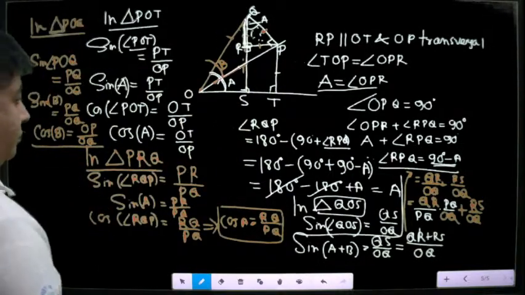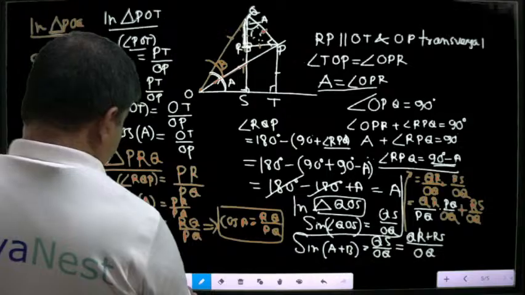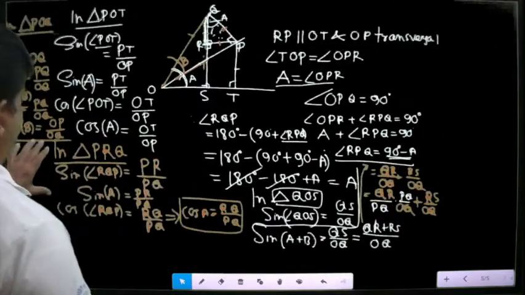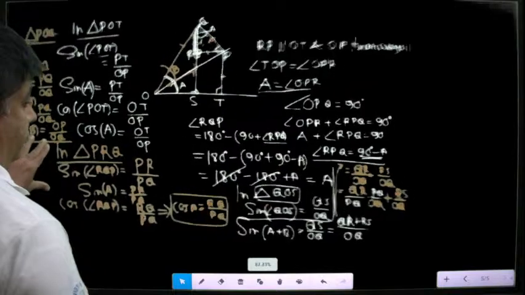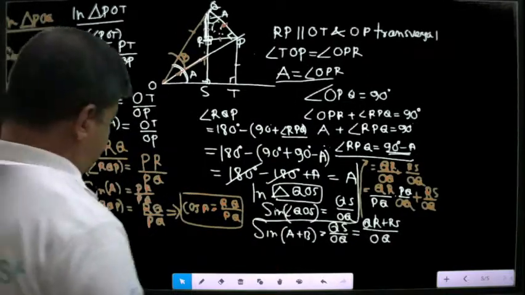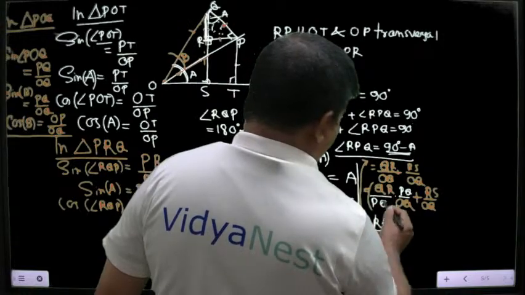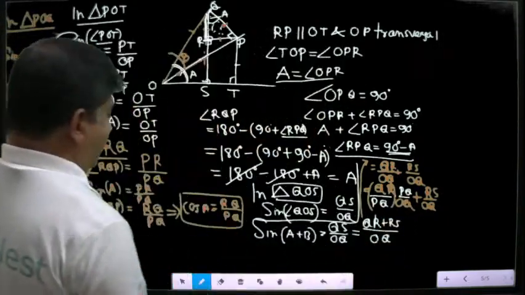Now here you see, instead of QR by PQ, what can I write?